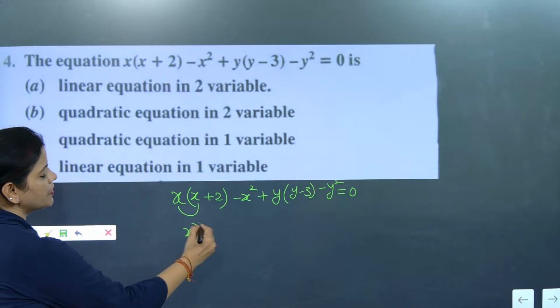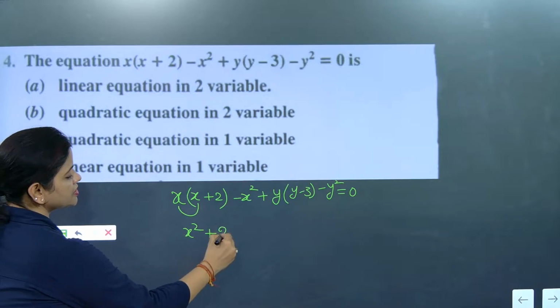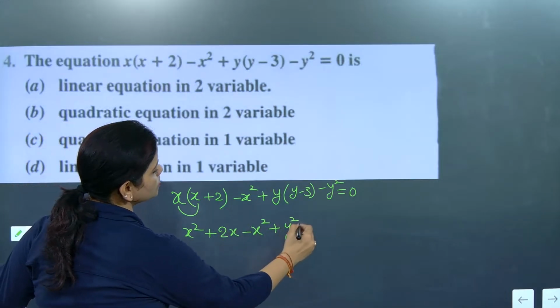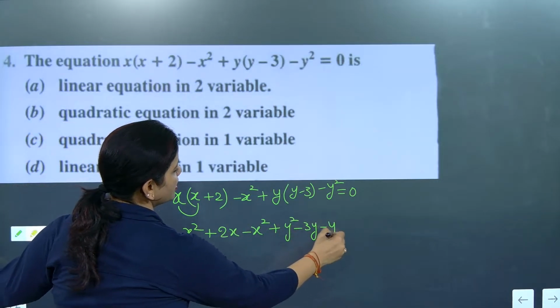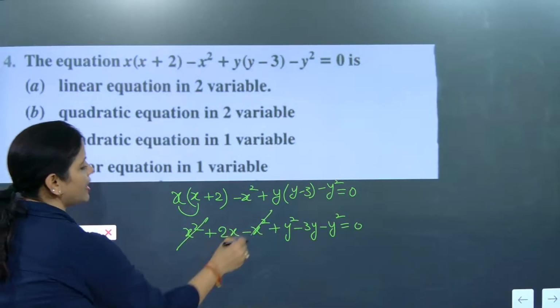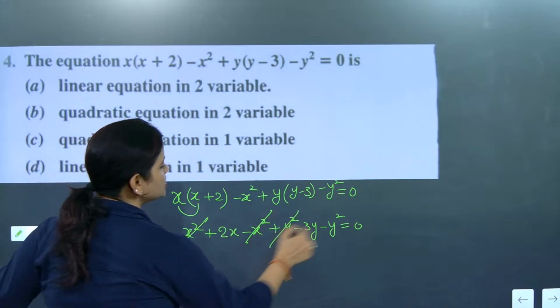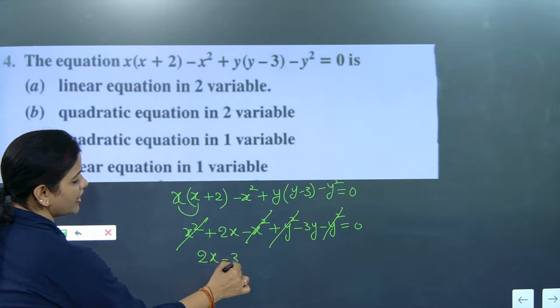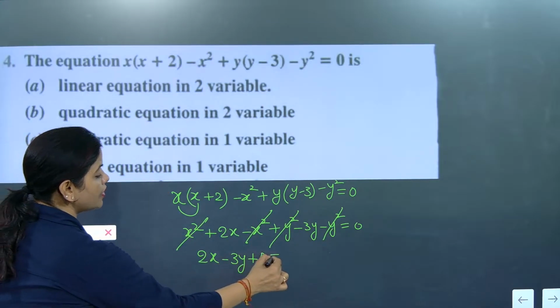What will it become? x square plus 2x minus x square plus y square minus 3y minus y square equal to 0. So x square minus x square, y square minus y square cancel, giving 0. So 2x minus 3y plus 0 equal to 0.